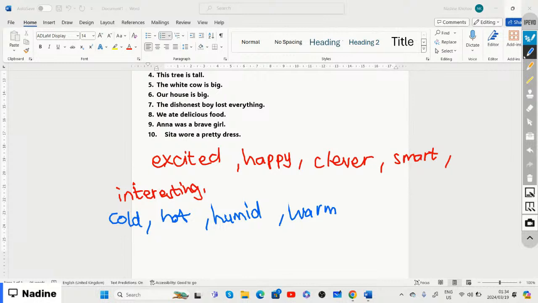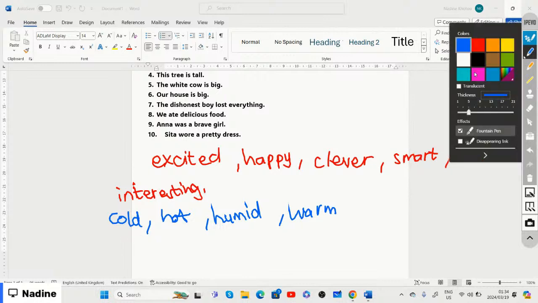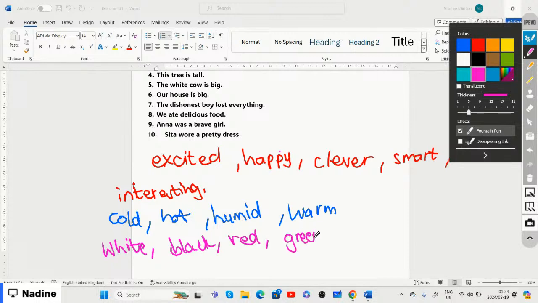It can be white. Let me use a different color. So it can either be white. This is now it being described in color. Can be black, red, green, blue, right?